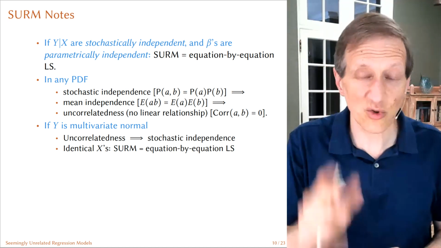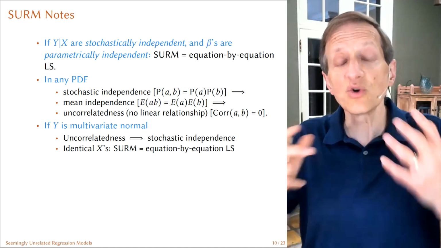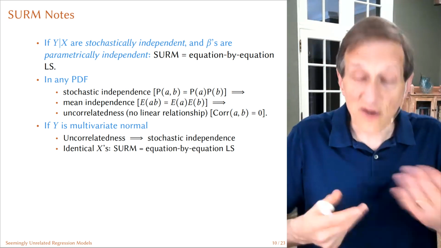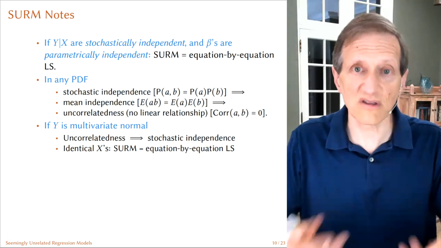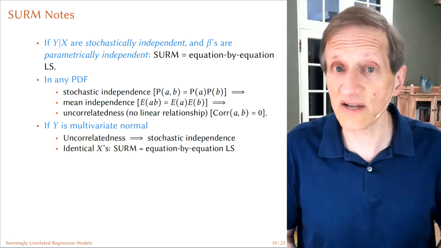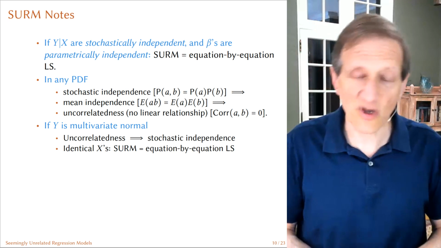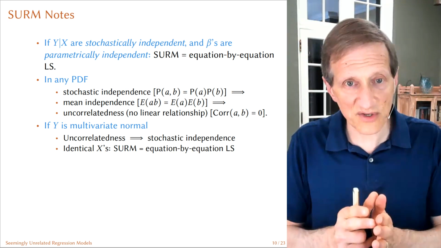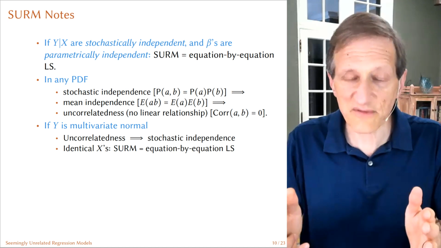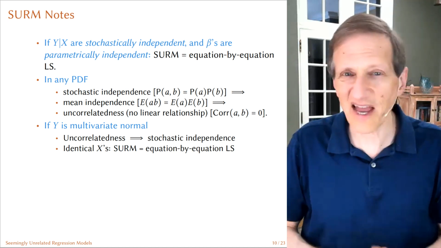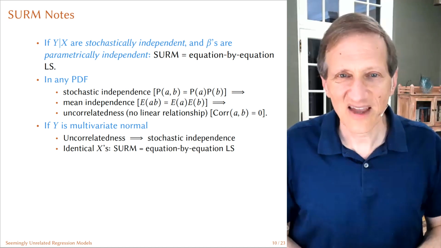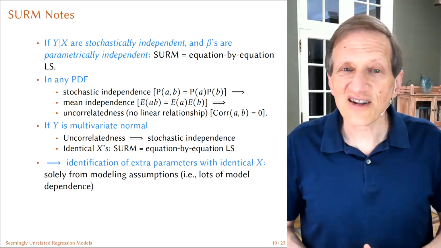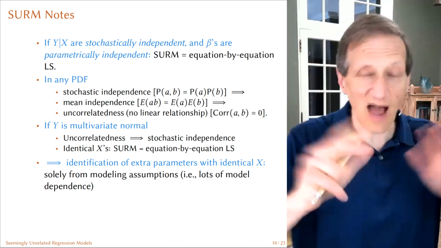Equation by equation least squares is the same as SURM. So in order for SURM to give better answers, or different answers and almost surely better answers than equation by equation least squares, you have to have non-identical explanatory variables and you have to have not stochastic independence and not parametric independence.